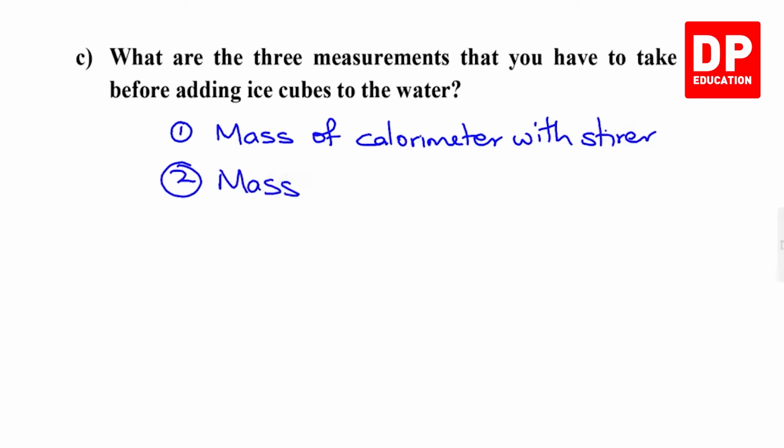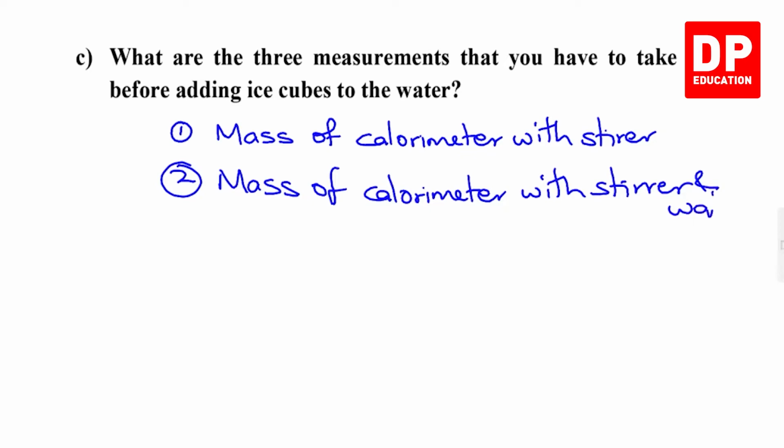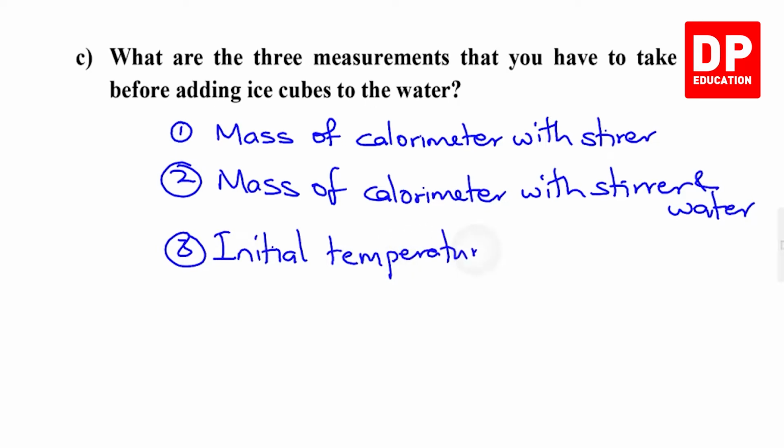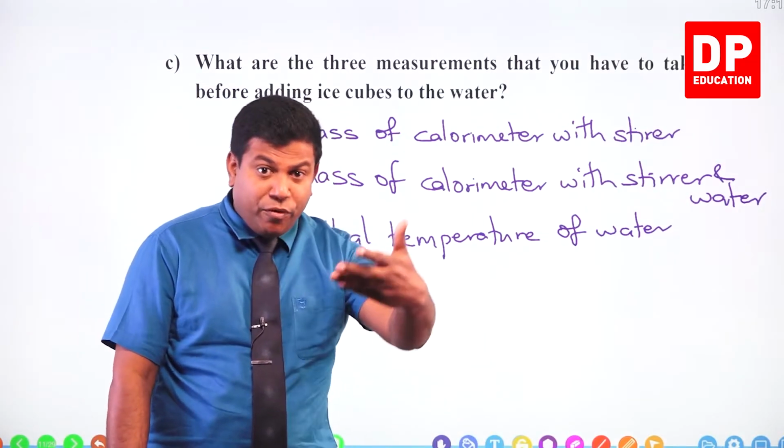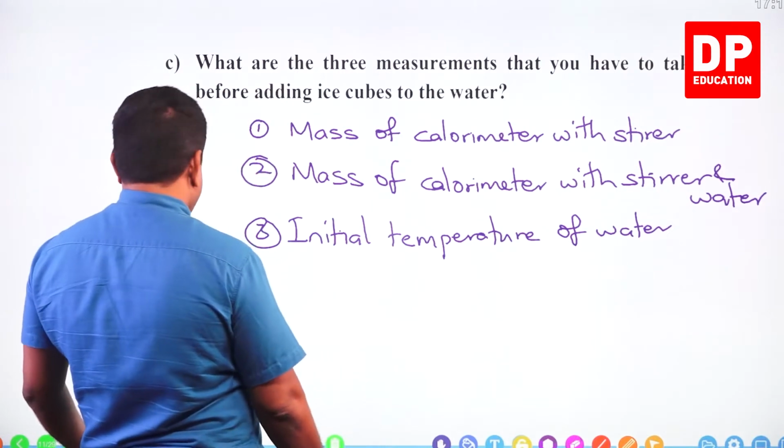Mass of calorimeter with stirrer and water. Initial temperature of water. Those are the 3 measurements we take before adding the ice cubes.